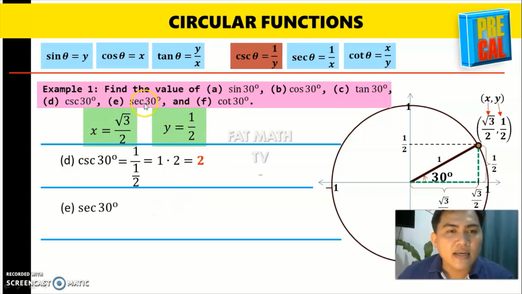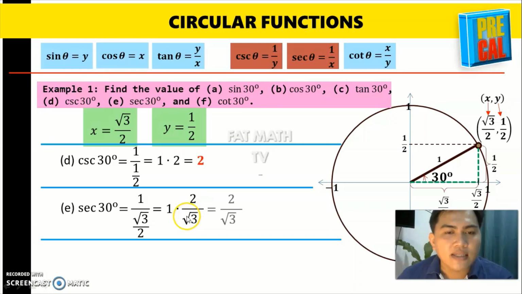Letter E. Secant of 30 degrees. So secant here is 1 over x. So 1 over square root of 3 over 2, or that is 1 times the reciprocal of this. That's 2 over square root of 3. And then again, radical should be on the numerator.